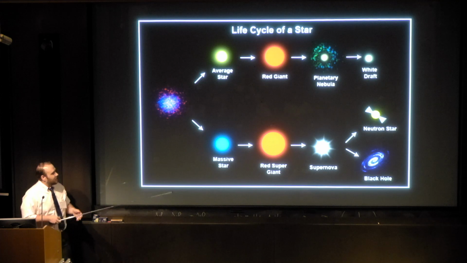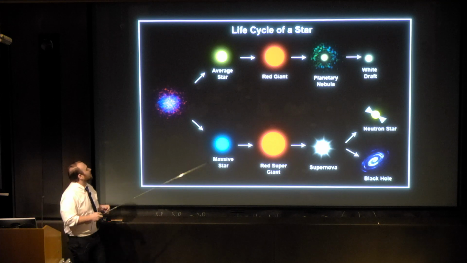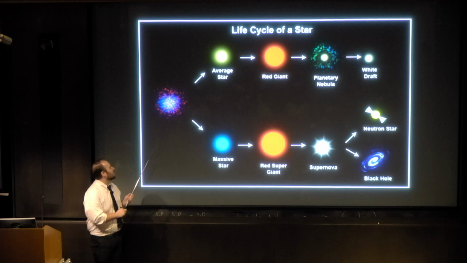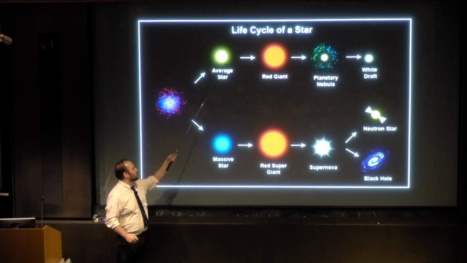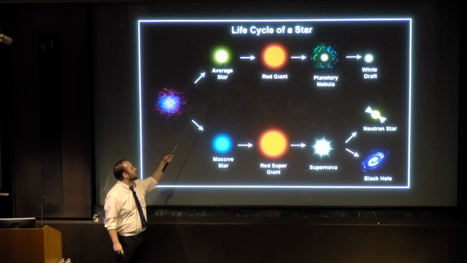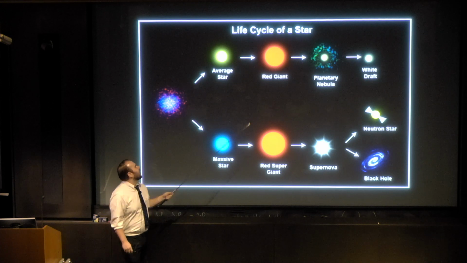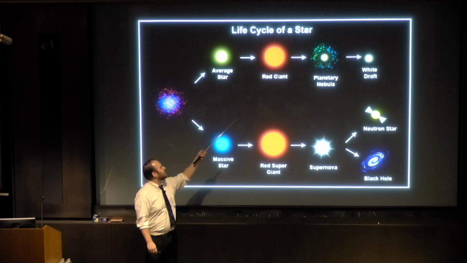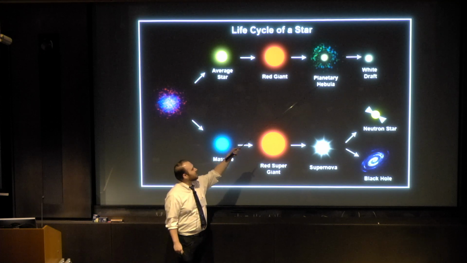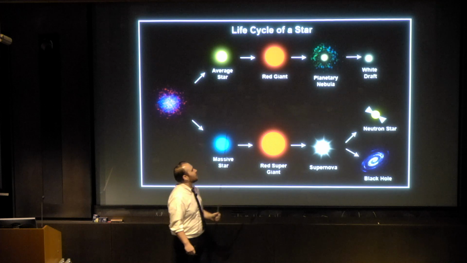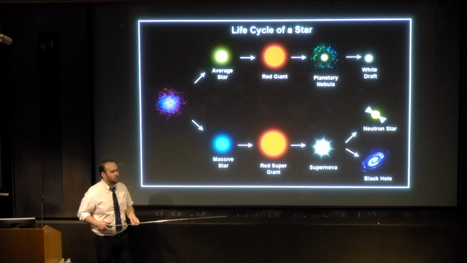So we've kind of gone over this with some of the other people, but the life cycle of a star: we start out as a molecular cloud of dust, and an average star would be like our sun. Anything less than 8 times the mass of our sun is considered average. When they reach the end of their life cycle, they'll puff up to a red giant, slough off that material, become a nebula, and you'll end up with a compact core becoming a white dwarf.